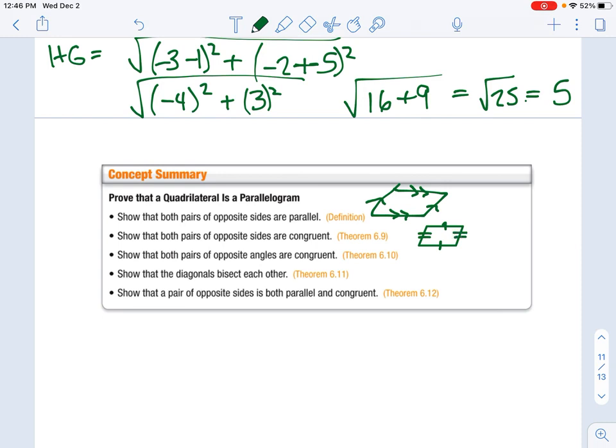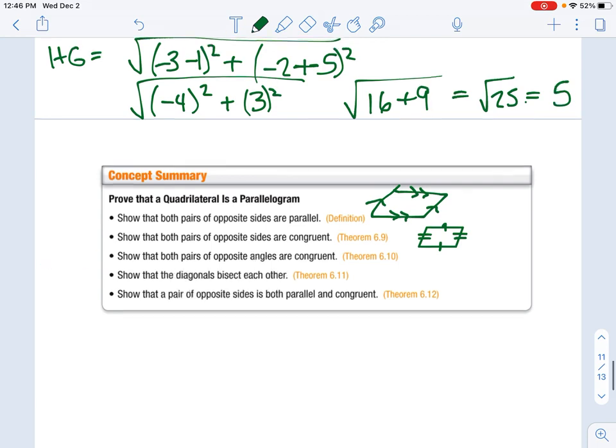We can have that both pairs of opposite angles are congruent. I'll draw this one over here. Good enough. Opposite angles are congruent. And then we can show that the diagonals bisect each other.